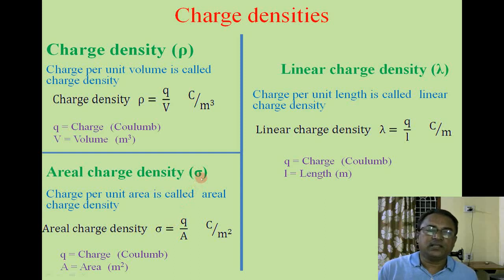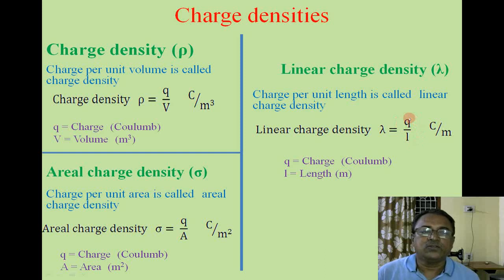In the third case, we will take a linear body, say a line or a stick. Let its length be L. L is the length of a stick, say, and we are giving a charge Q to that linear body.